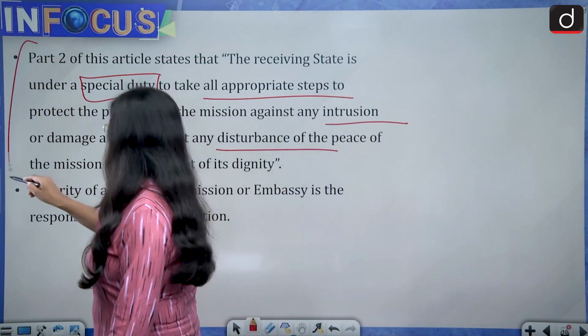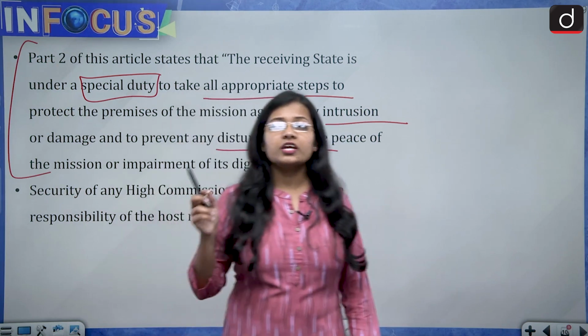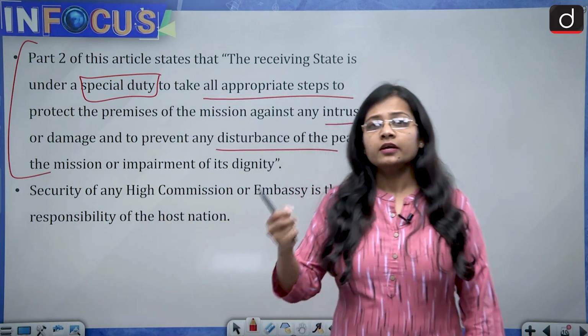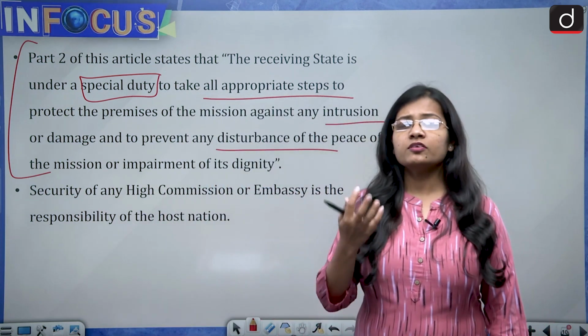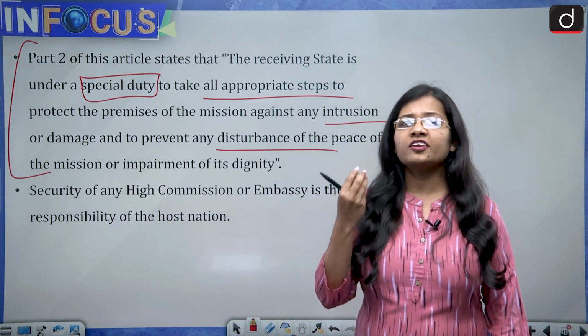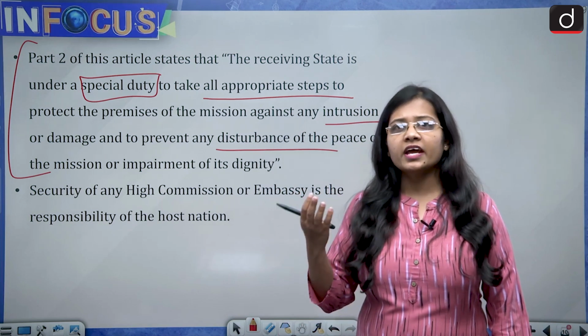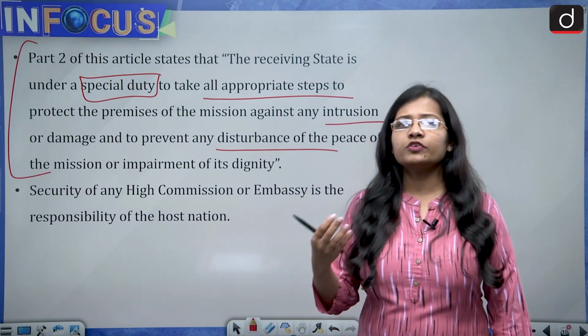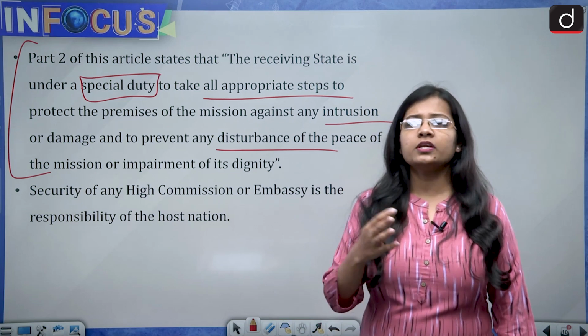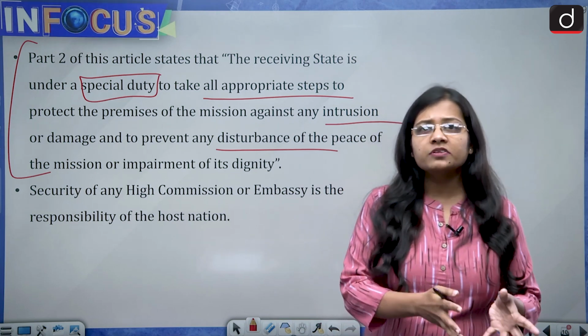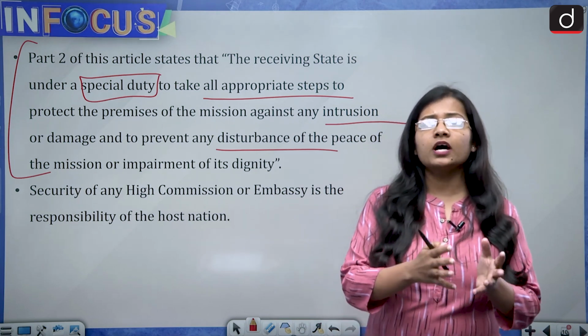So part 2 tells us that the host country should be held responsible and accountable if anything goes wrong and if any kind of disturbance or damage is done to the embassy or to the High Commission of the other country.